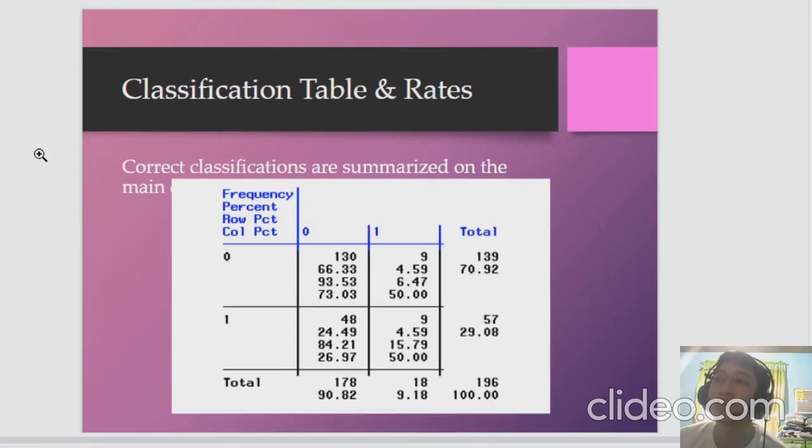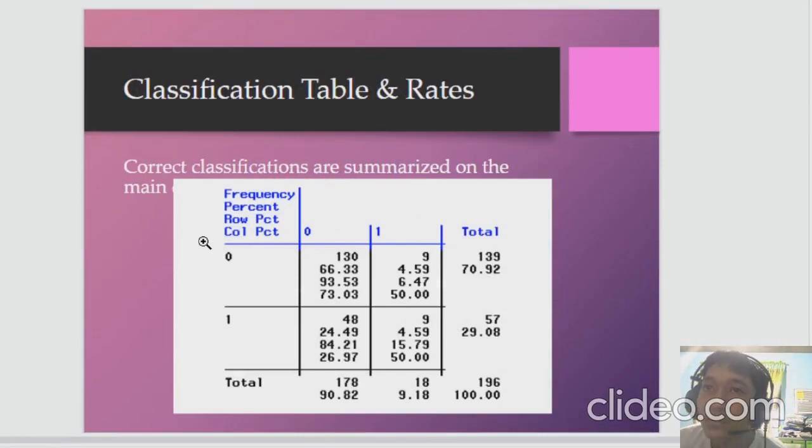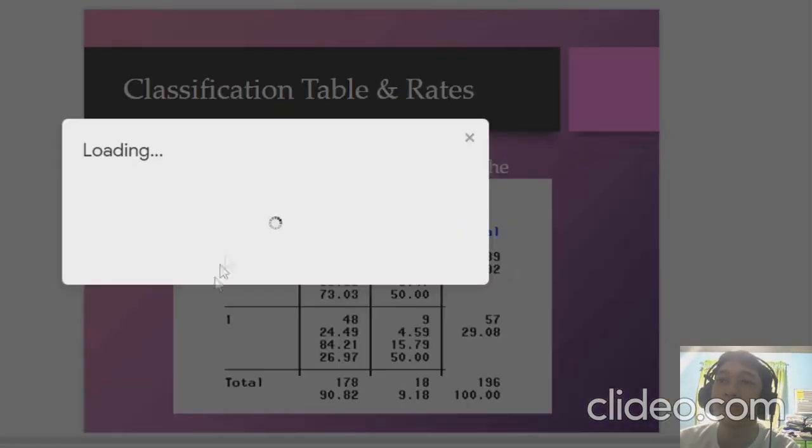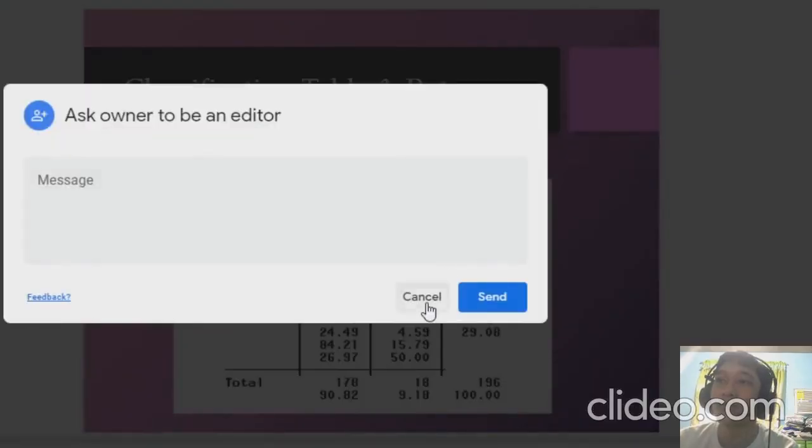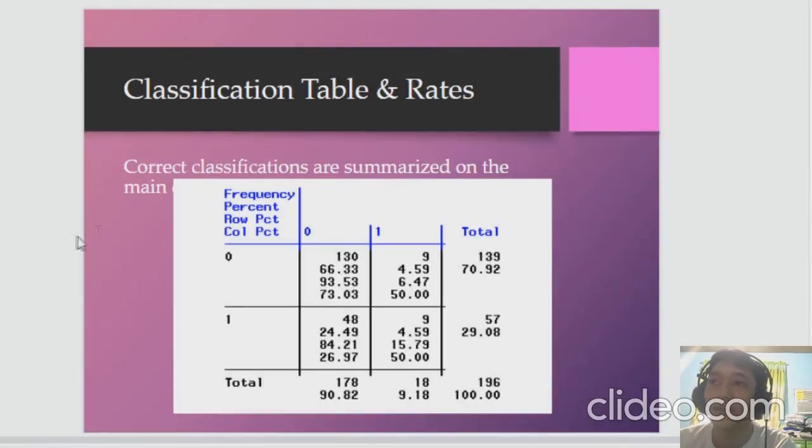Correct classifications are summarized on the main diagonal.